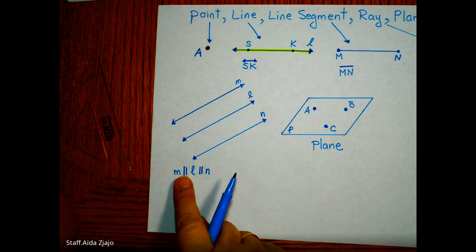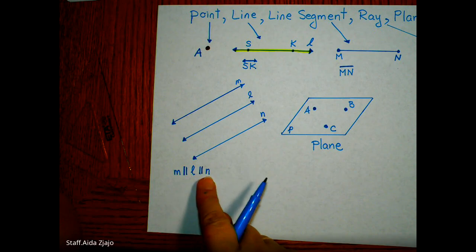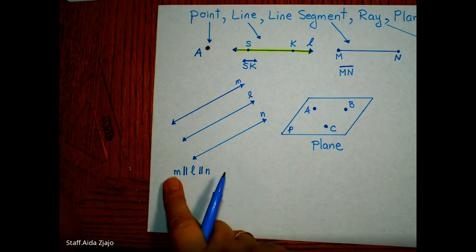So M is parallel to L, L is parallel to N, and N is parallel to M as well.